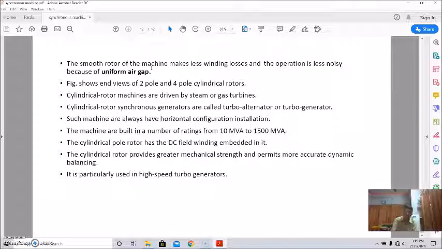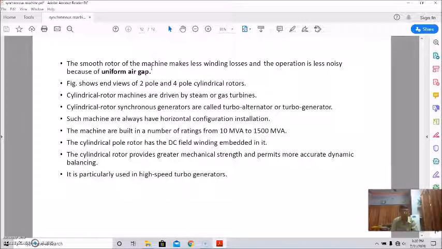The cylindrical rotor is used in steam turbine thermal power generation, where speed is very high. In hydro generators, we use salient pole types where the poles are projected, the number of poles to be accommodated is more, and the synchronous speed is very low in comparison to 2 or 4 pole cylindrical rotor synchronous machines or alternators.